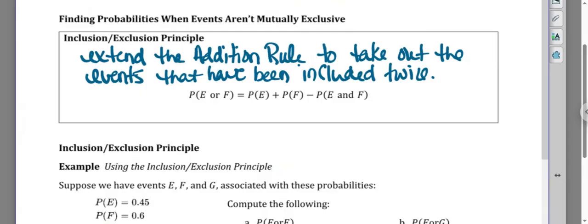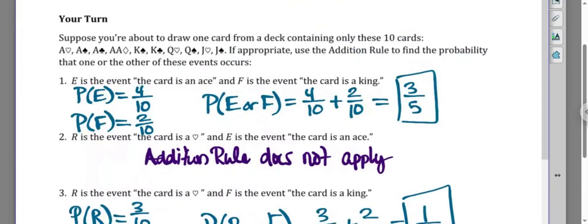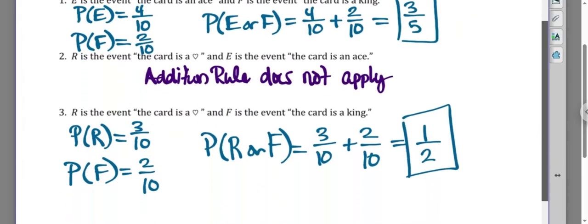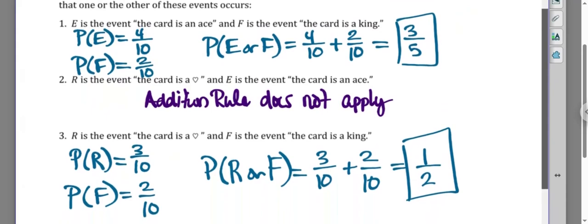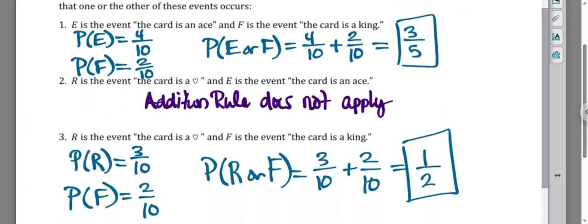So for example, if we're looking at this one, if we go with the adjustment, probability of the hearts is 3 out of 10, plus the probability of the aces is 4 out of 10, minus the probability of it being an ace and a heart, which is 1 out of 10.